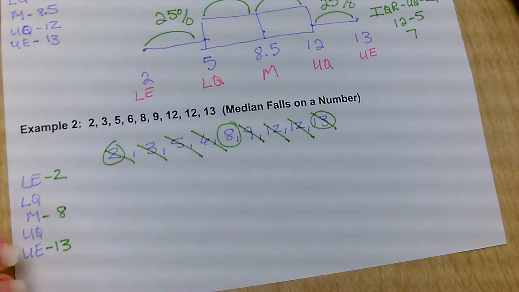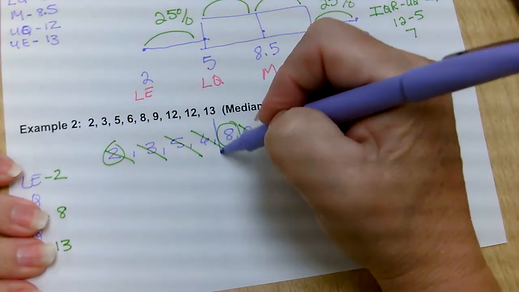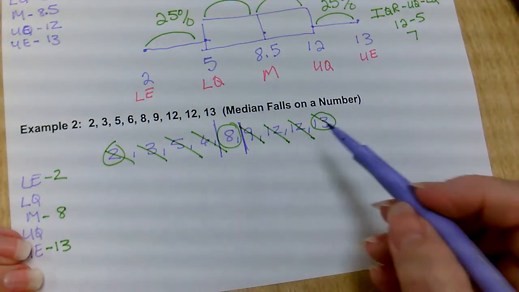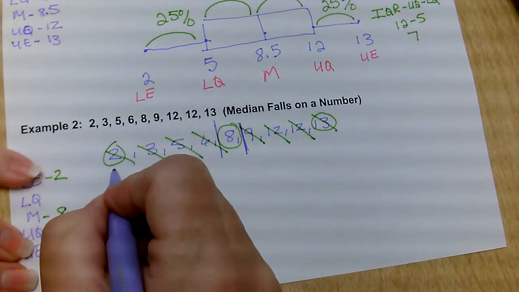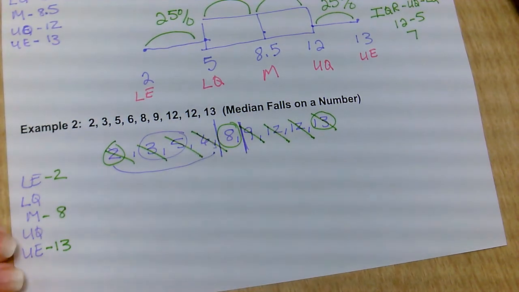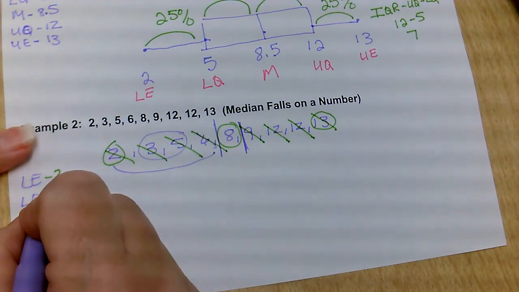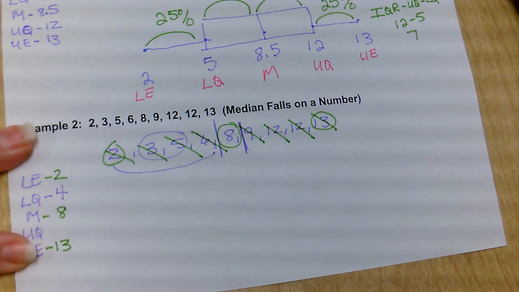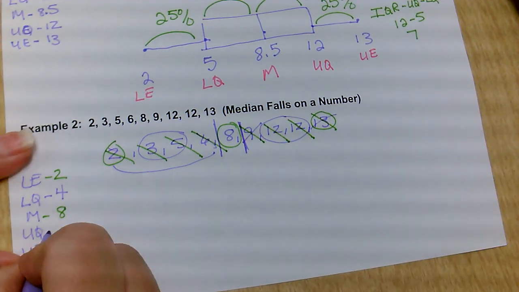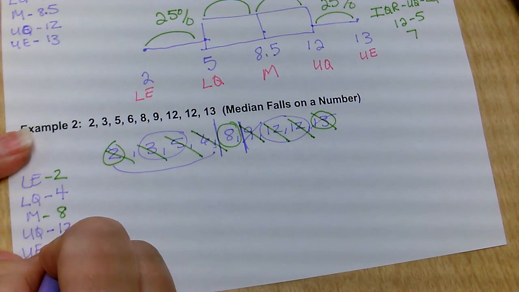This time you split the data on either side of the median, so you have to pay attention to the difference. The lower quartile is the median of this half, which is 5 and 3, which is 8, and 8 divided by 2 is 4. On this half, 12 and 12 is 24, divided by 2 is 12.